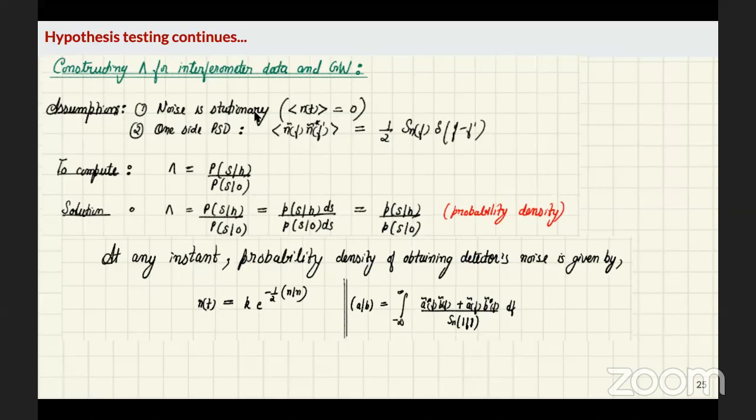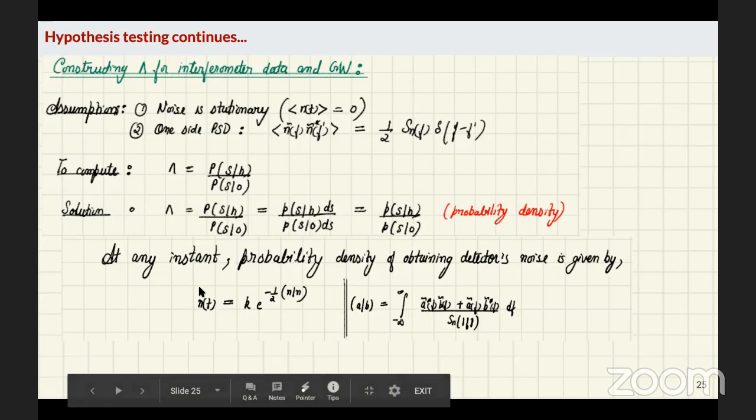We assume that the noise is stationary in the hypothesis test, where the mean of the noise is 0 and the PSD is given this way. And we want to compute the detection criterion, lambda, the likelihood ratio of hypothesis 1 over hypothesis 0.